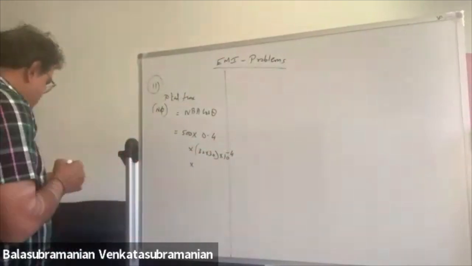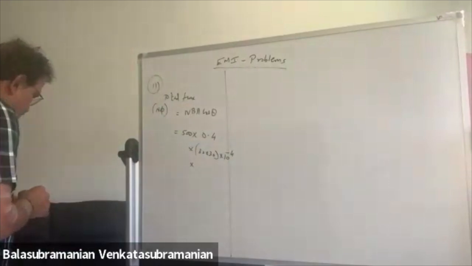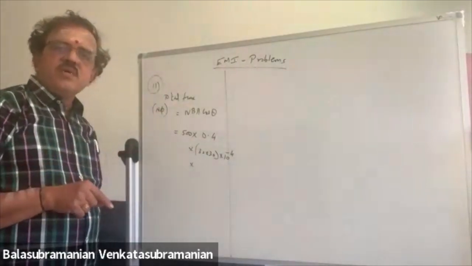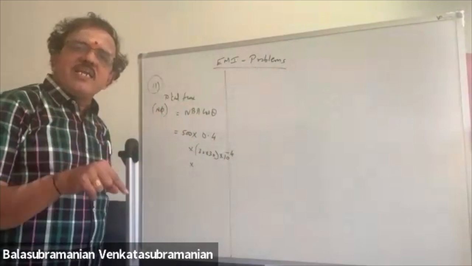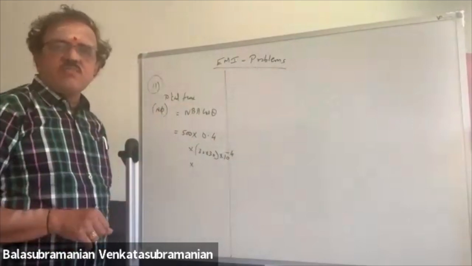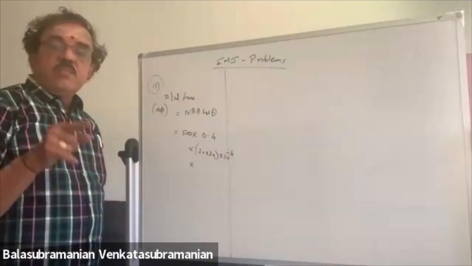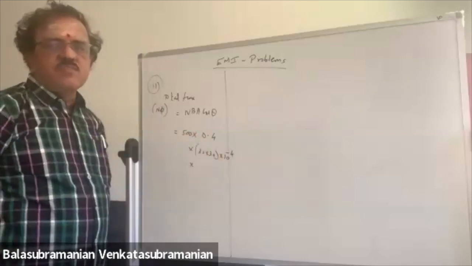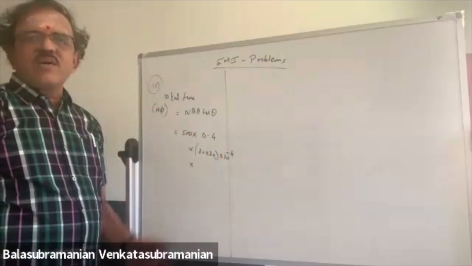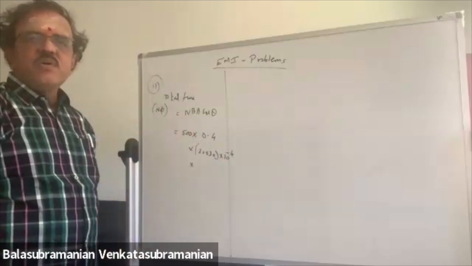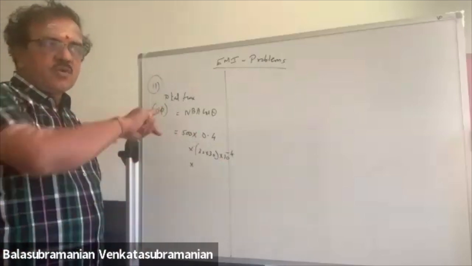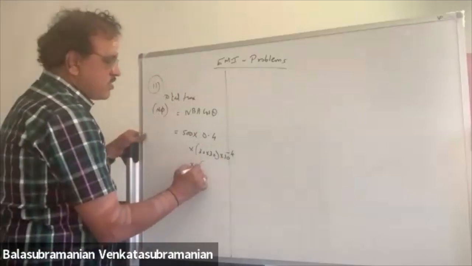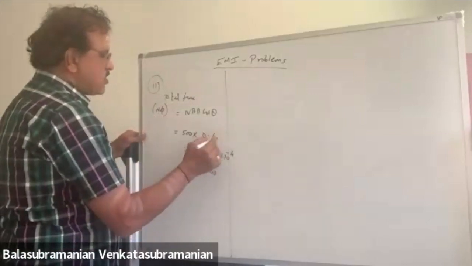See the question. The plane of the coil is inclined at an angle of 30 degree. Plane with the magnetic field only we have to calculate. Plane with the magnetic field means 90 minus 30. Plane of the coil itself is inclined with the magnetic field. So total angle should be 90 minus 30. That should be 60 degree, cos 60.